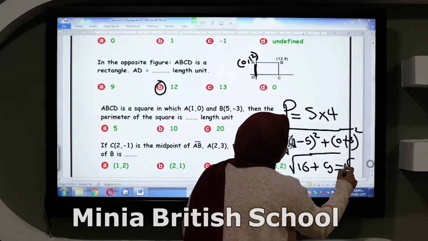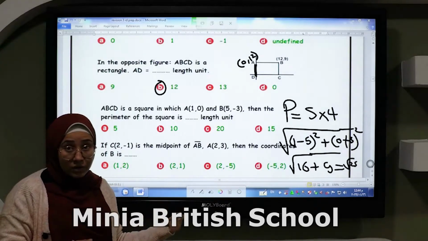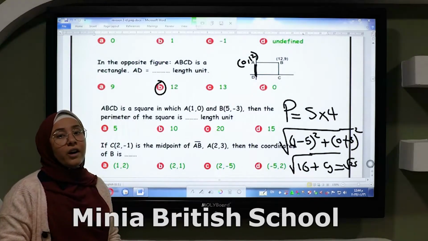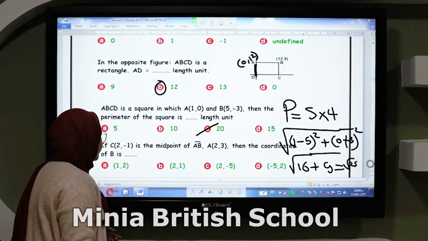So root 25 equals 5. So the length of the side of the square equals 5, and the perimeter equals 5 times 4 equals 20.